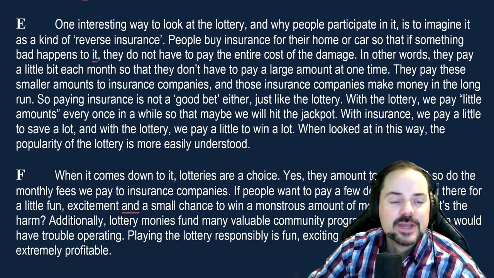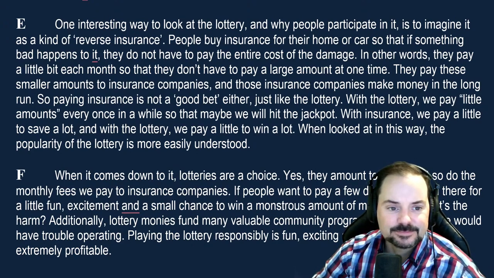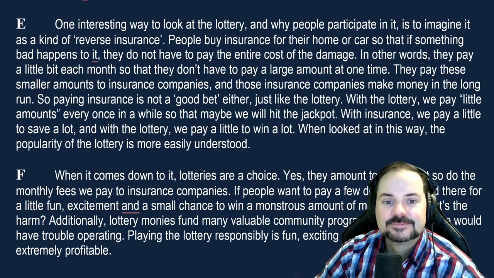Okay, Domenico, let's get into it. So last two paragraphs, E and F, they're all you. Whenever you are ready, go ahead and read paragraph E. One interesting way to look at the lottery and why people participate in it is to imagine it as a kind of reverse insurance. People buy insurance for their home or car so that if something bad happens to it, they do not have to pay the entire cost of the damage.